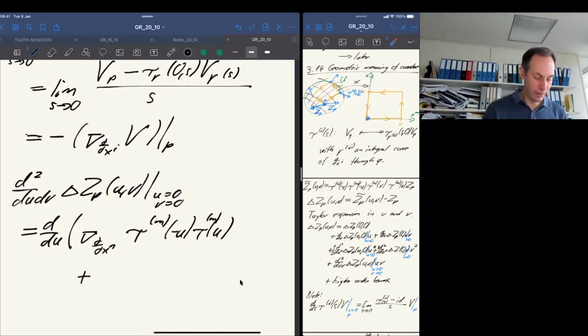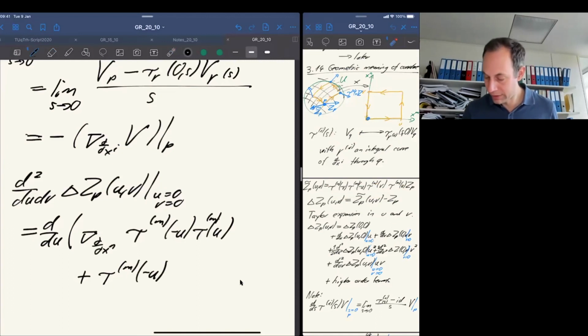But this was just the first part of the product rule. I also have to evaluate the second part of the product rule. The second part will give me, okay, maybe plus or minus, we have to leave this open. First, the tau n in the minus u direction, because this thing goes anyway away, t minus v, because v is equal to 0, and I'm not taking the derivative of that. So the first relevant term is this. Then the next one is this, to which I apply the derivative.